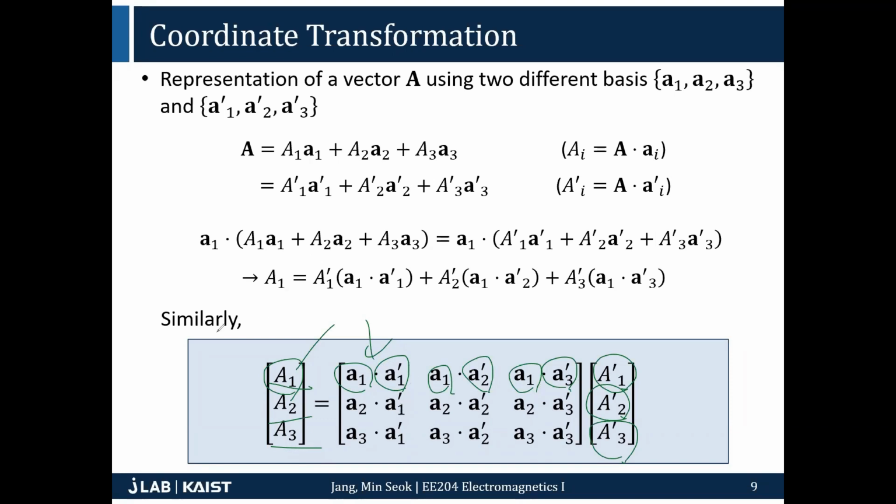And Im Do-hyun asks whether A1, A2, A3, and A1 prime, A2 prime, A3 prime are orthonormal basis sets. Yes, that's true. A1, A2, A3, and A1 prime, A2 prime, A3 prime are two independent orthonormal basis sets.